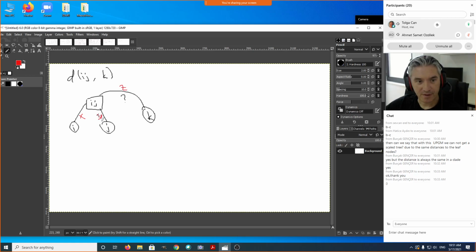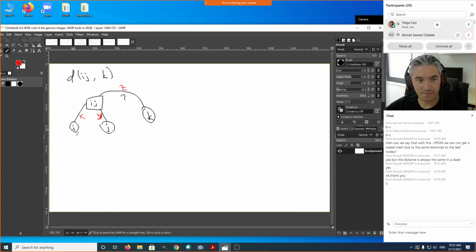If these were on a tree, in order to find the distance of ij, this entire cluster, to some k, all I need to know is what z is. But let's see whether it's possible to find z by using three individual distances. What are those three individual distances?